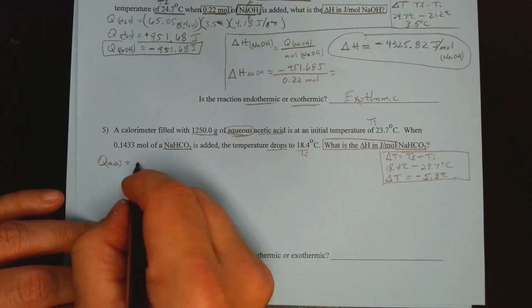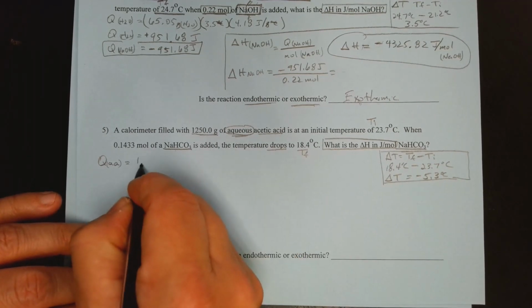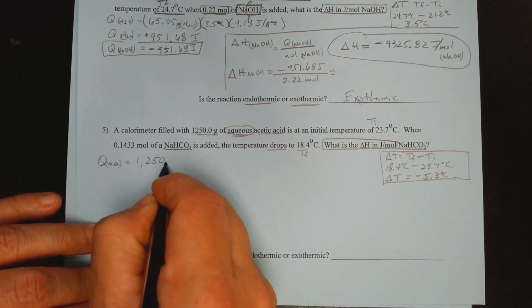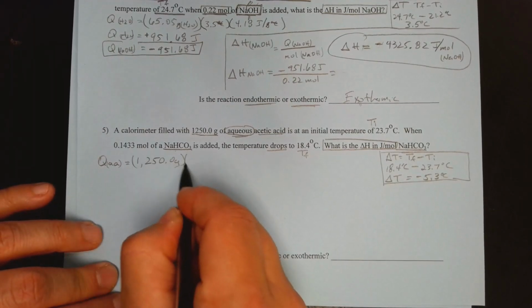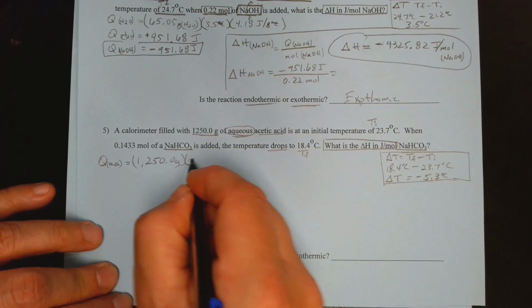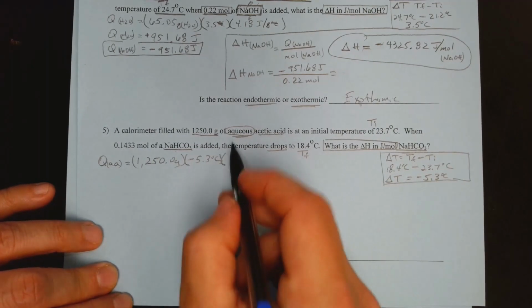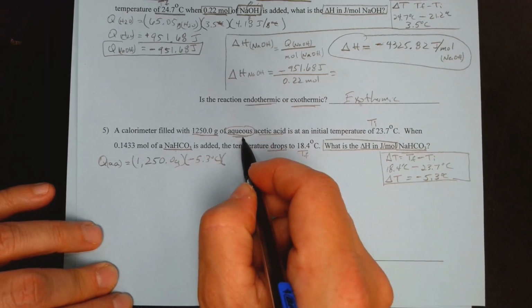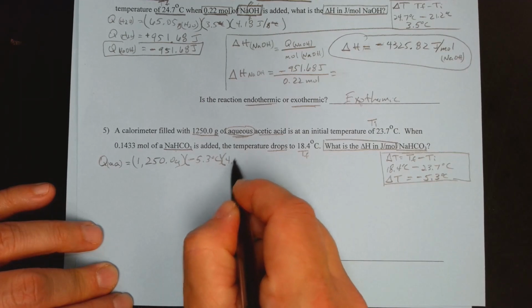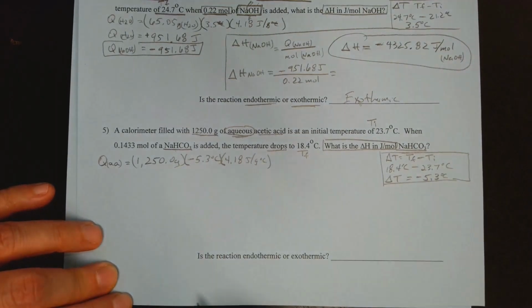All right, so let's go ahead and figure this out. Q equals the mass of my substance, 1,250.0 grams of aqueous acetic acid, times its change in temperature, negative 5.3 degrees Celsius, times the specific heat. Because this is aqueous, we're going to use the specific heat of water, which is 4.18 joules over gram degrees Celsius.